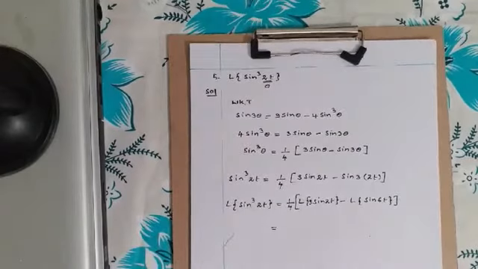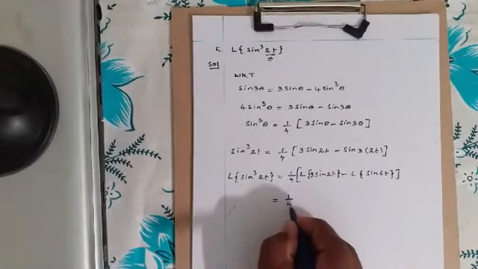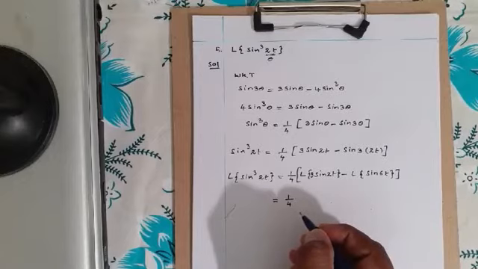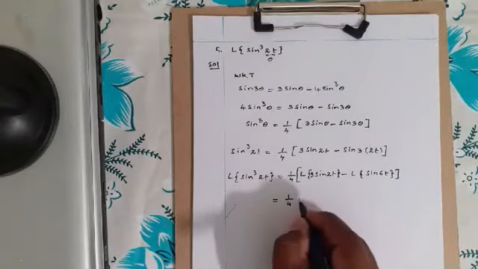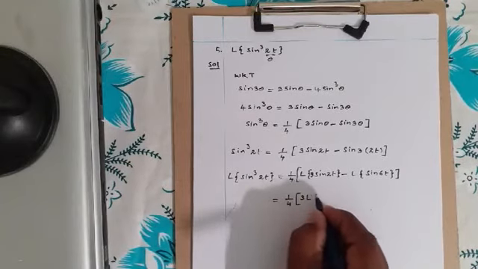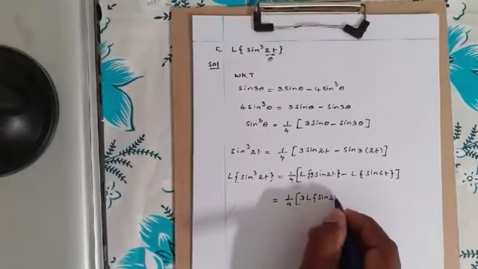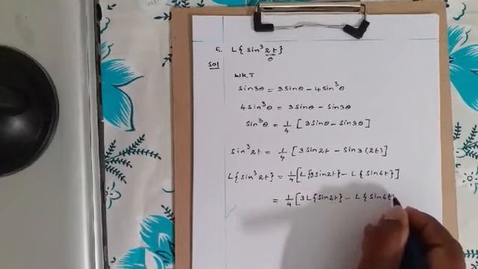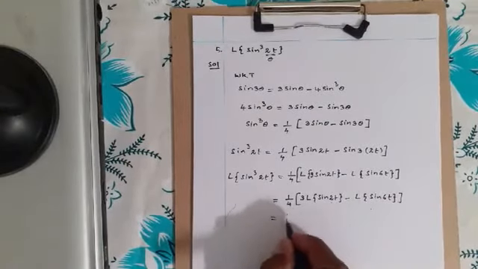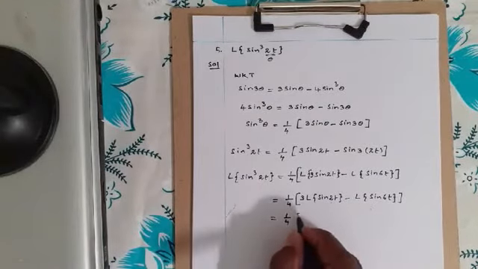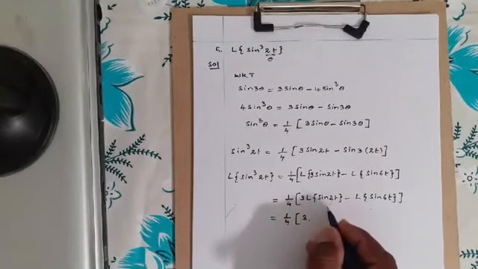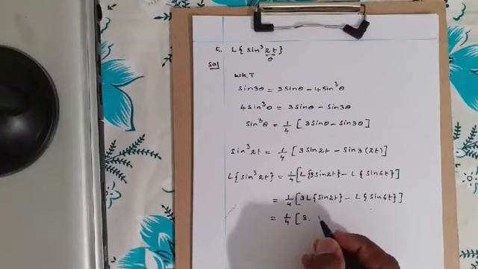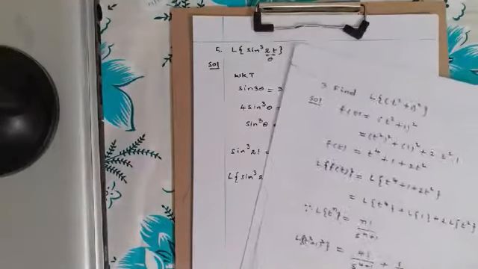Now 1 upon 4, in the box we can write 3 L of sine 2t minus L of sine 6t. Now this is equal to 1 upon 4, 3 into L of sine at, and L of sine at is nothing but a by s square plus a square from this formula.